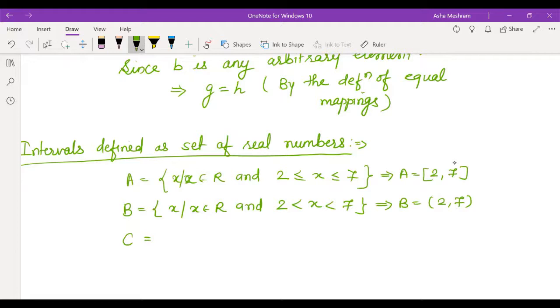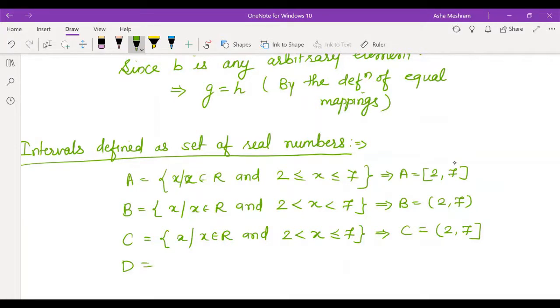Next, C: x such that x belongs to R and 2 strictly less than x less than or equal to 7. So now you can see that 2 is not included in the set C. So we keep the end open from 2 and we close it at 7.